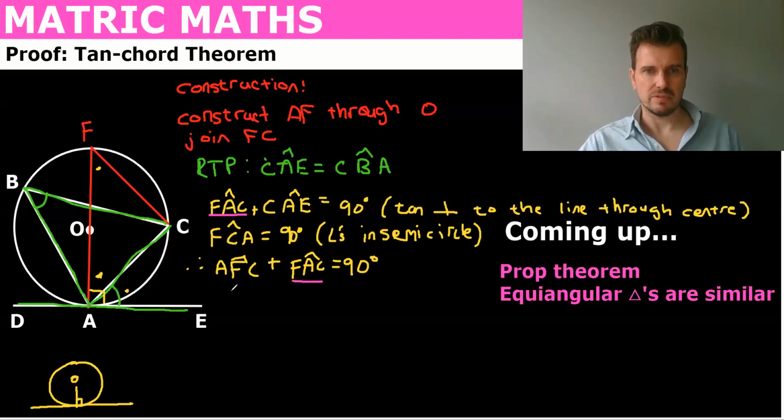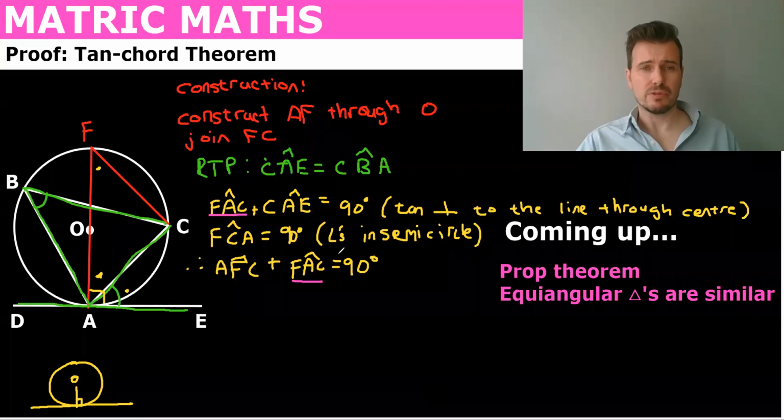And we need to prove that CAE equals CBA. So we are close. Because if I can prove that FAC is equal to ABC, or CBA, I can therefore connect them. So then CAE is equal to CBA.